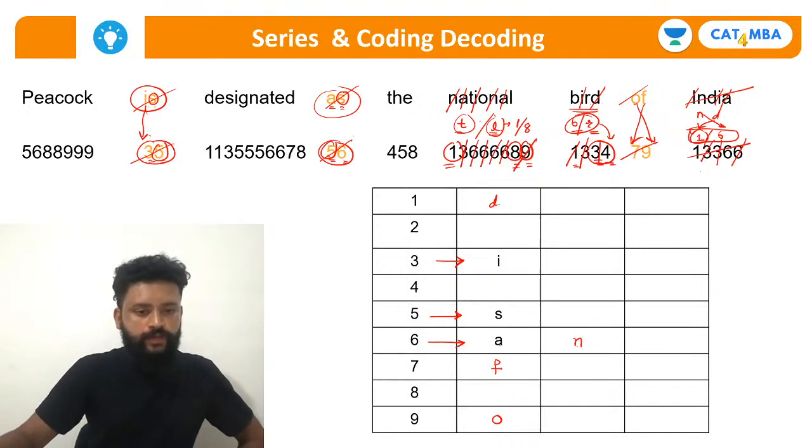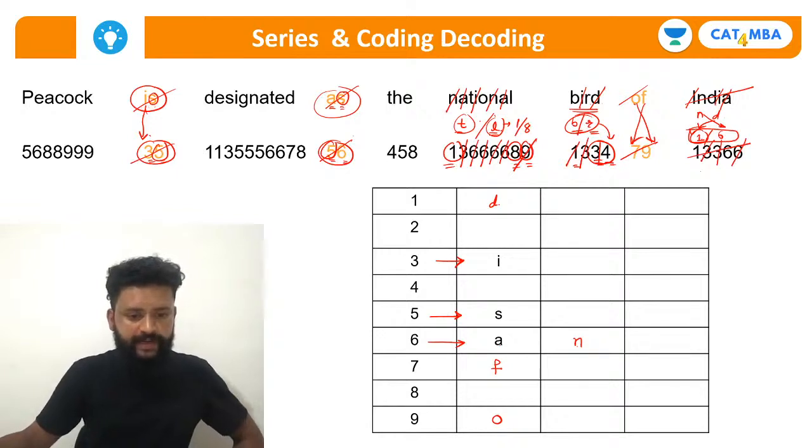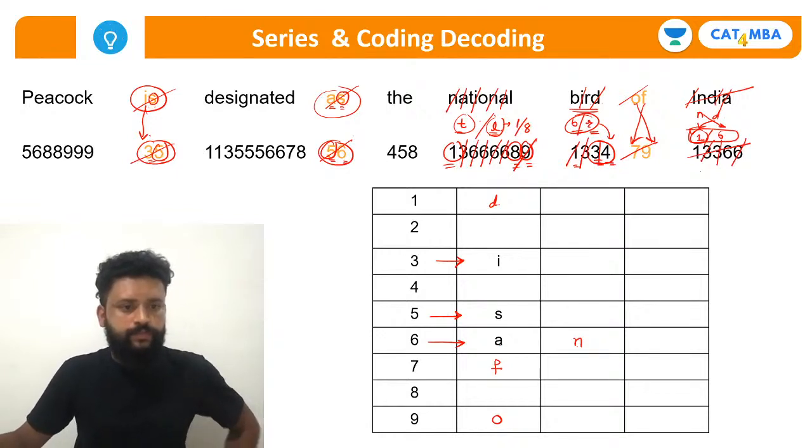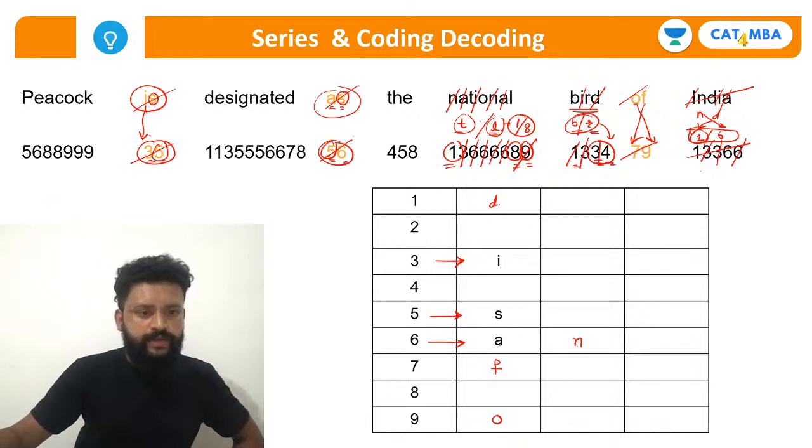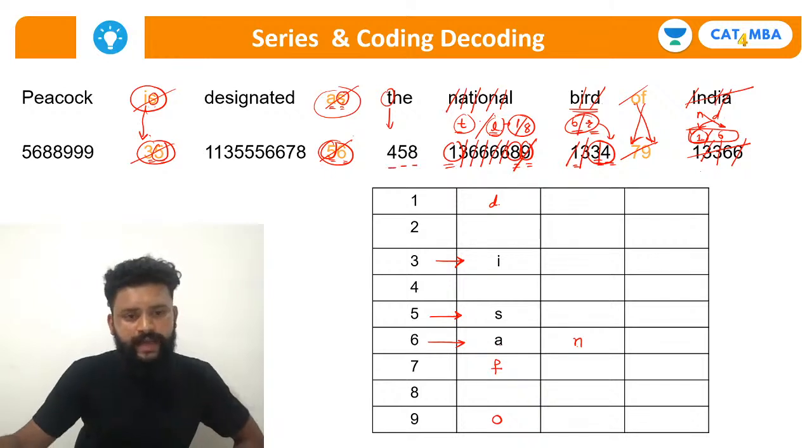Peacock. We know many letters now. T and L is 1 or 8. So you can do this way as well. T is also used here. T must be out of 4, 5 and 8, and here T is 1 or 8. Means definitely there is no 1 here. So T cannot be 1.